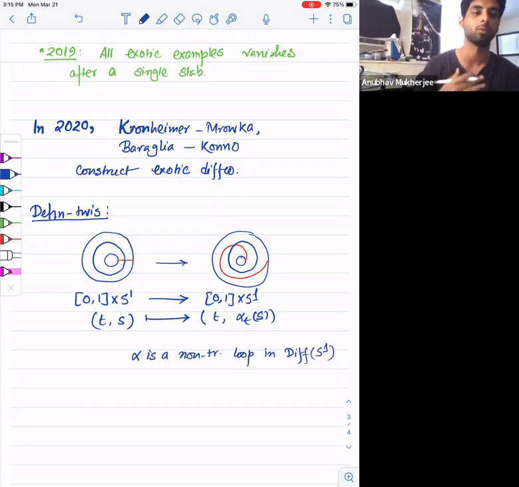This is the abstract way one can define a Dehn twist in 2 dimensions. Since this alpha is non-trivial, that is, not null homotopic, this diffeomorphism is no longer isotopic to the identity relative to the boundary.